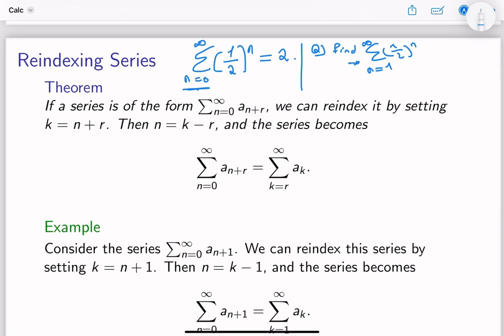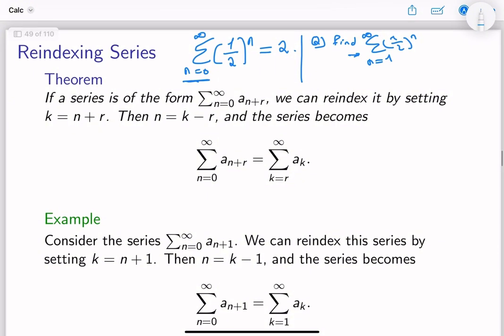So here comes the importance of re-indexing a series. How do we re-index a series? The general rule is that if you have a sequence a sub k, and you're starting it at r and you want to start it at 0, what you do is add r to the index and then start it at 0.